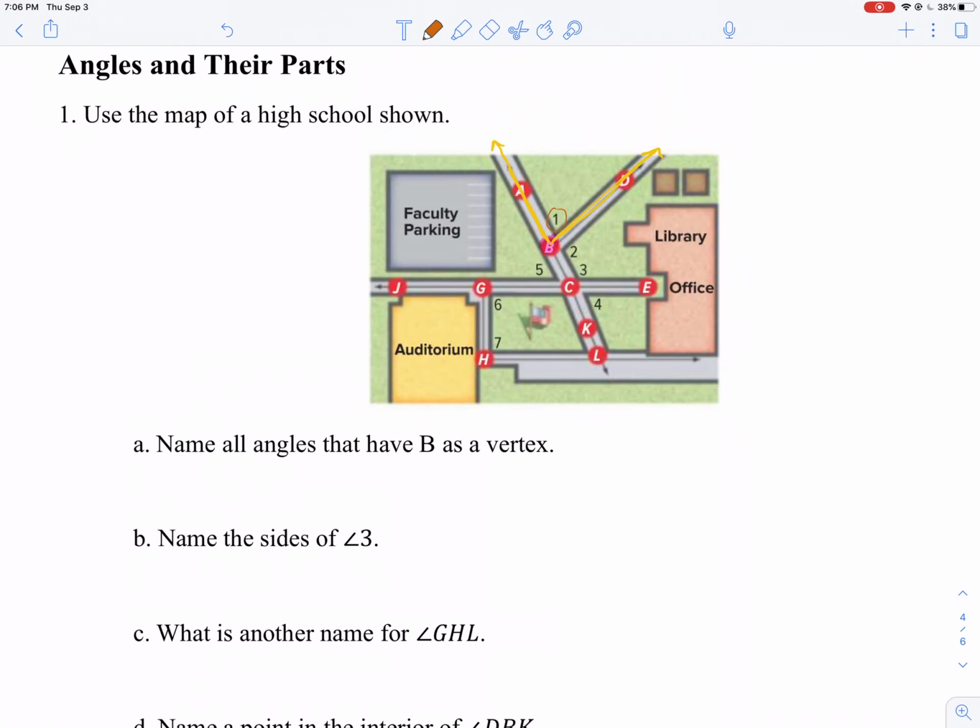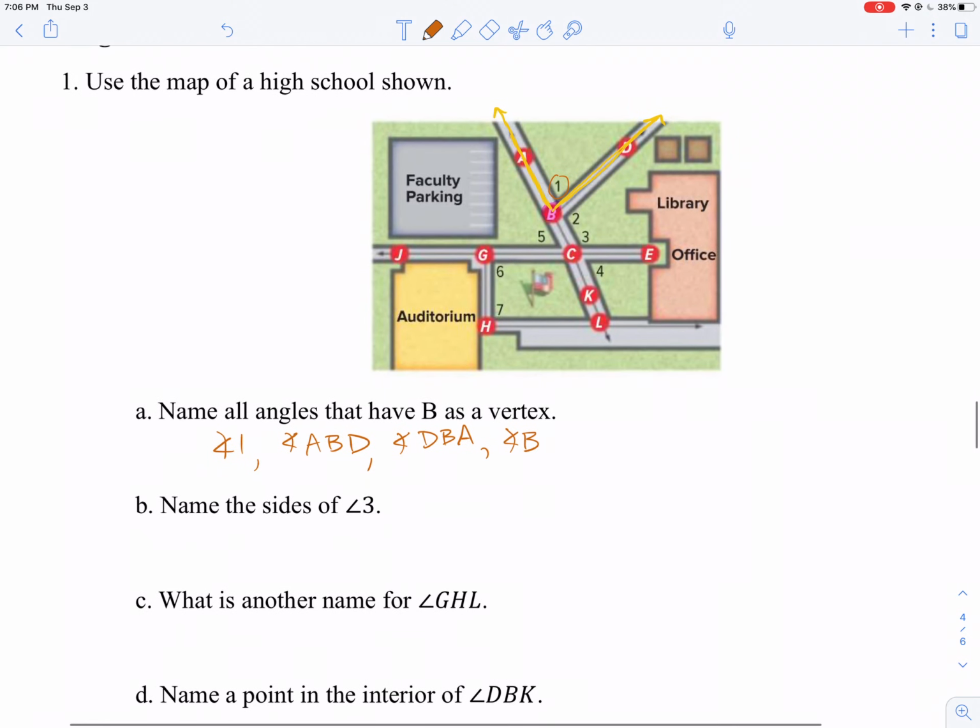So a couple ways we can see that it's labeled. We have 1 here, so we could say angle 1, angle ABD, angle DBA is another way to label it, and even just angle B. It's preferable to use the 3 letters when labeling them.